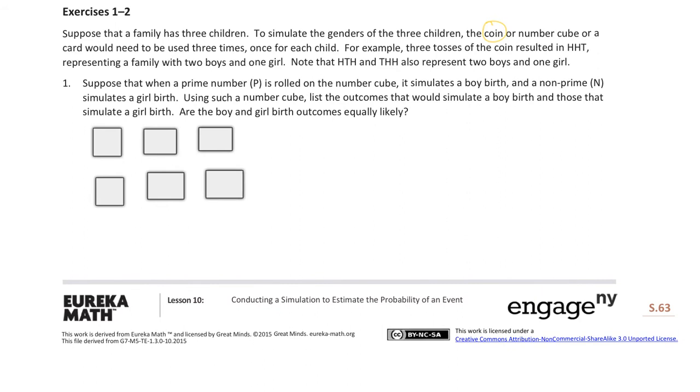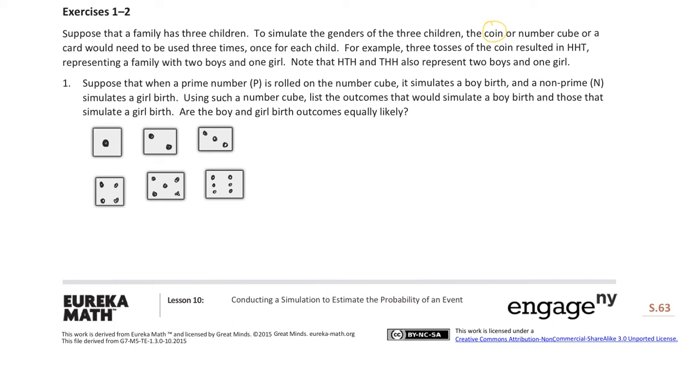For a dice, we have our first side, which has 1 dot, the second side has 2 dots, the third side has 3, the fourth side has 4, the fifth side has 5, and then the 6th side has 6.